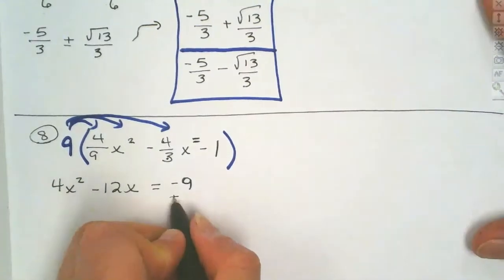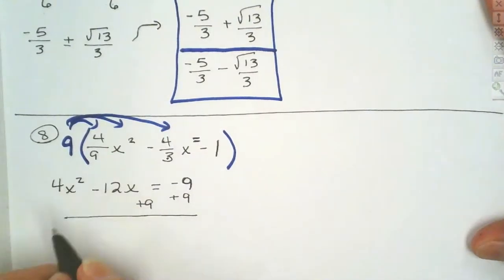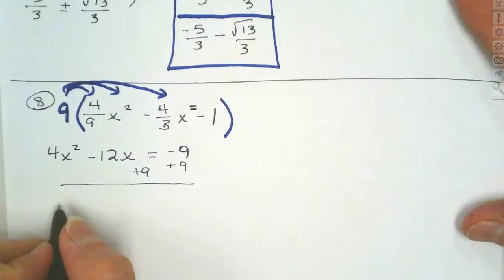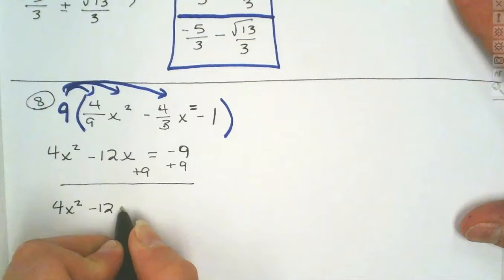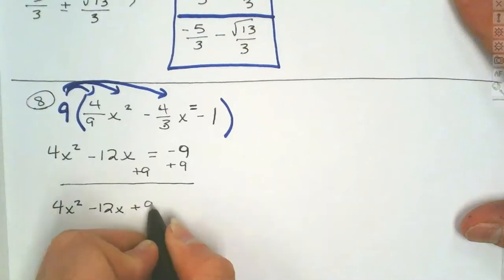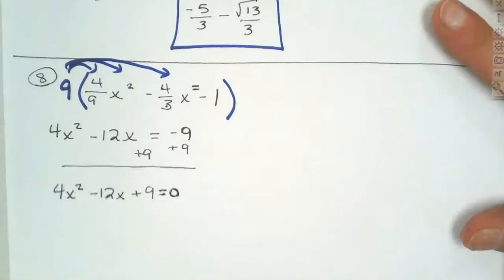We're going to go ahead and add 9 to both sides, and that gives you now 4x squared minus 12x plus 9 equals 0.